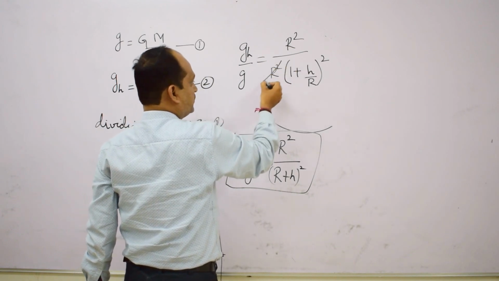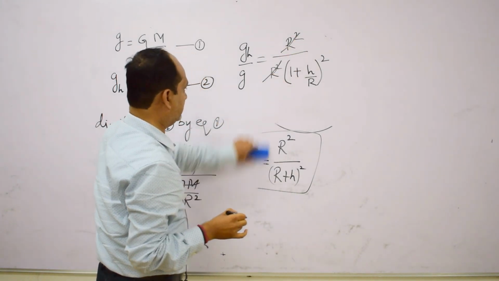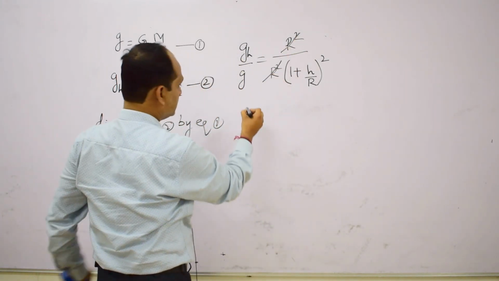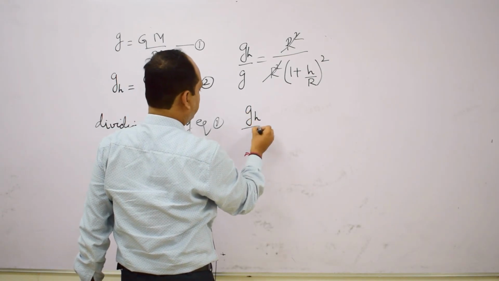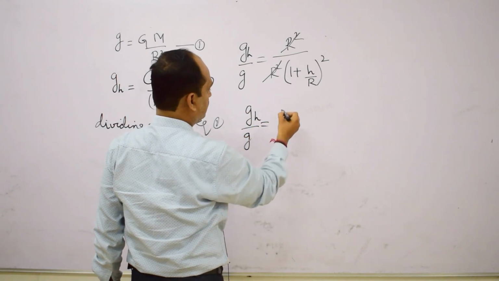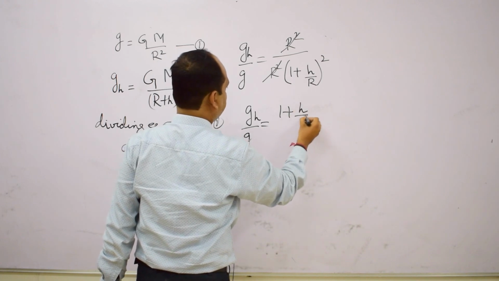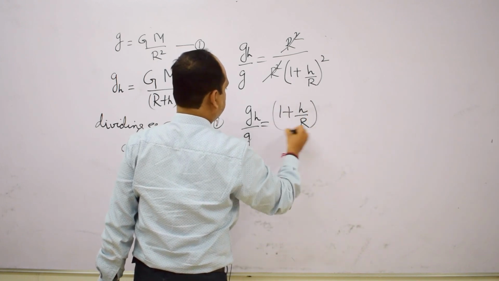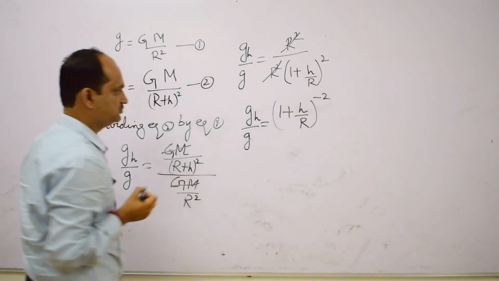Now this R² gets cancelled and we can write gh/g = (1 + h/R)^-2.